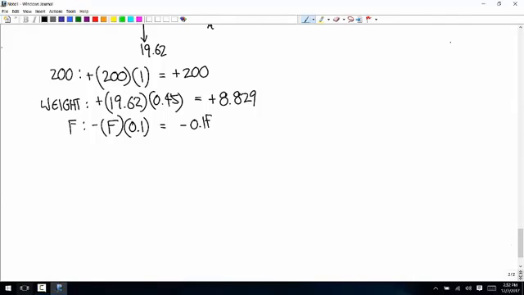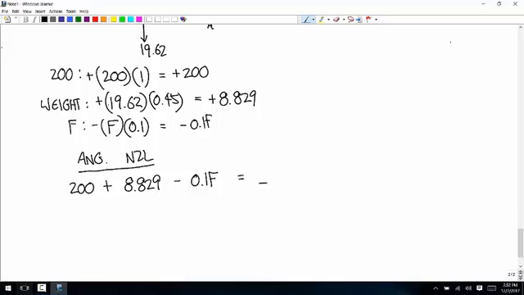Okay, so now let's go to the angular Newton's second law equation. I still haven't calculated the moment of inertia, but we're going to see that it doesn't matter. So let's add these up. We have 200 plus 8.829 minus 0.1 F is equal to the moment of inertia times 0, because we're trying to find this F for when the angular acceleration is 0.